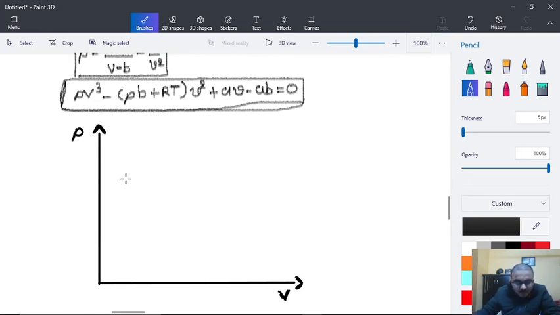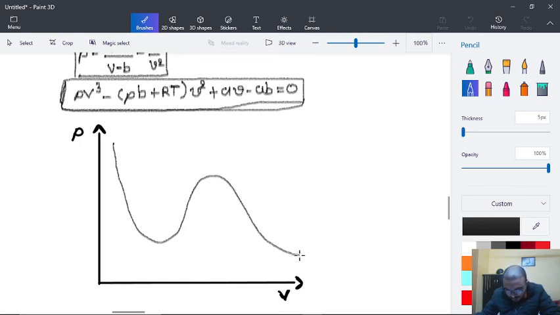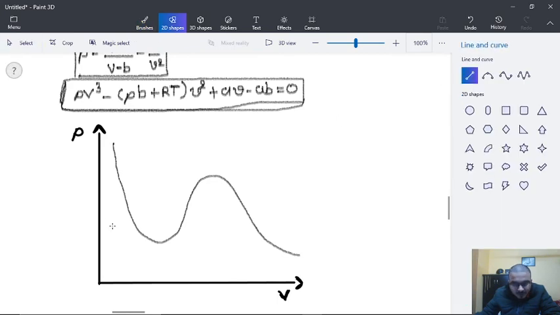So let's draw the curve that we should be getting here. Like this. So here the three roots that we will be getting, let's draw a curve here.